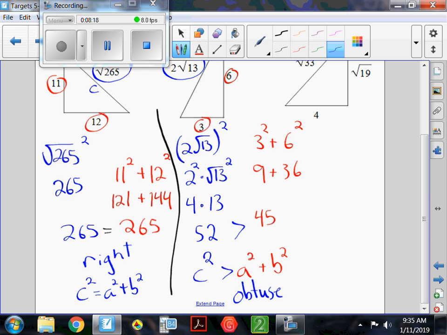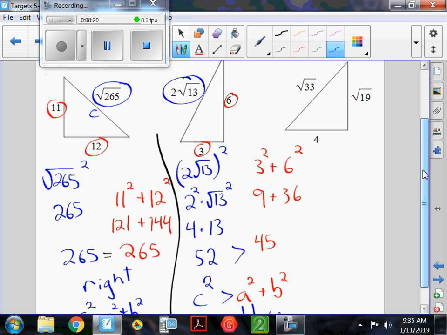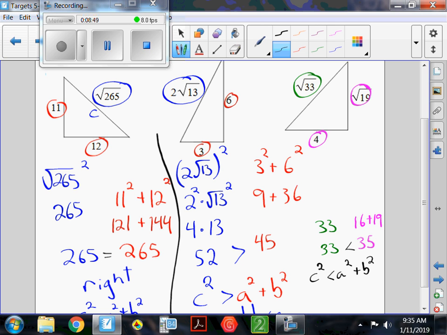For the third example, I'll do that one really quickly because this video is getting long. The square root of 33 squared is 33. The other sides, 4 squared plus the square root of 19 squared, is going to be 16 plus 19, which is 35. 33 is less than 35, so c squared is less than a squared plus b squared, which makes this an acute triangle.